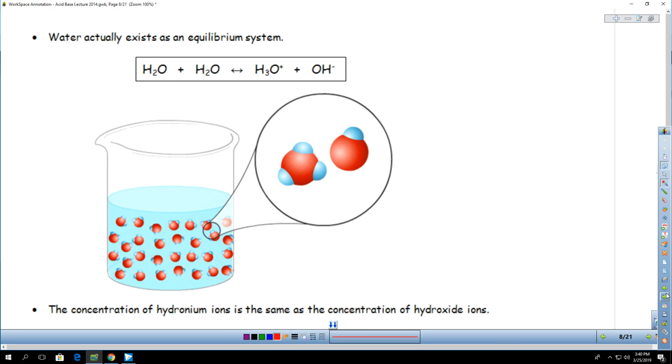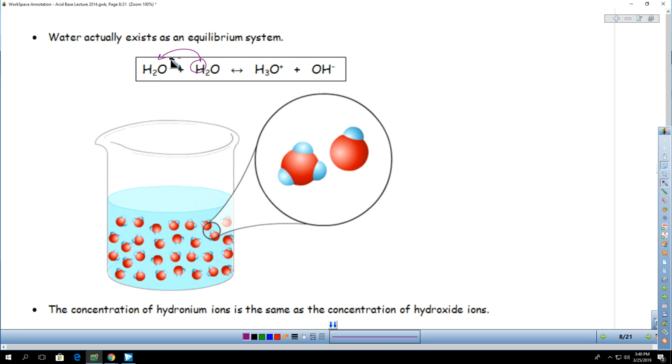These water molecules, being liquid, tend to move around, and when particles have a little bit more movement, they tend to collide more often. And sometimes water molecules will just collide with themselves and transfer a hydrogen. Just as these guys collide, it's possible that one hydrogen is transferred between the two water molecules.